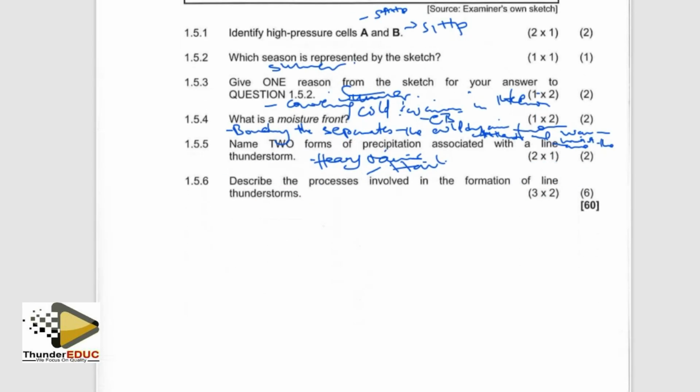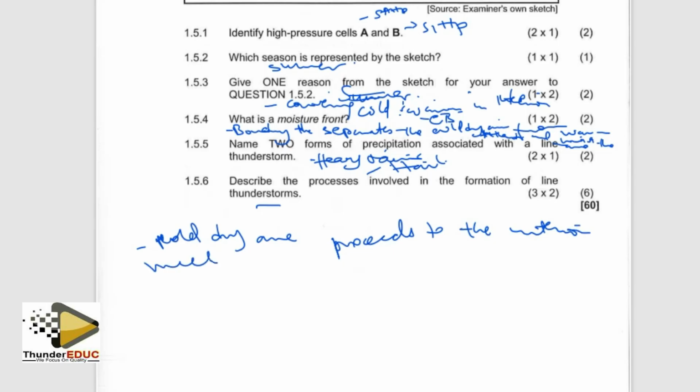Describe the process involved in the formation of the line thunderstorm. So the moisture front has already developed. If the moisture front has developed, what happens? Cold dry air proceeds to the interior, meeting with moist warm air.